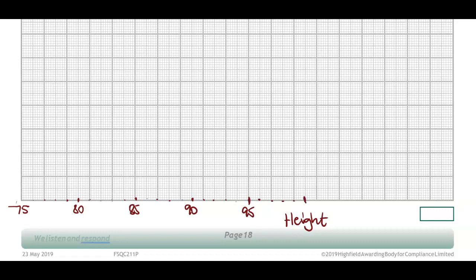And then we make 100 here. 101, 102, 103, 104, 105, 106, 107, 108, 109. So 110.